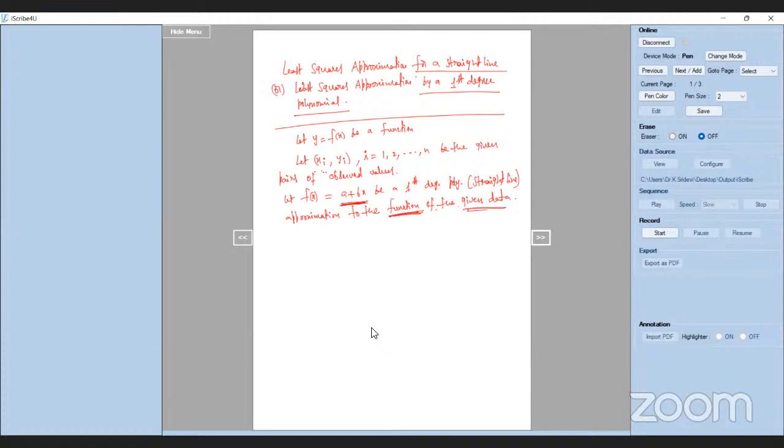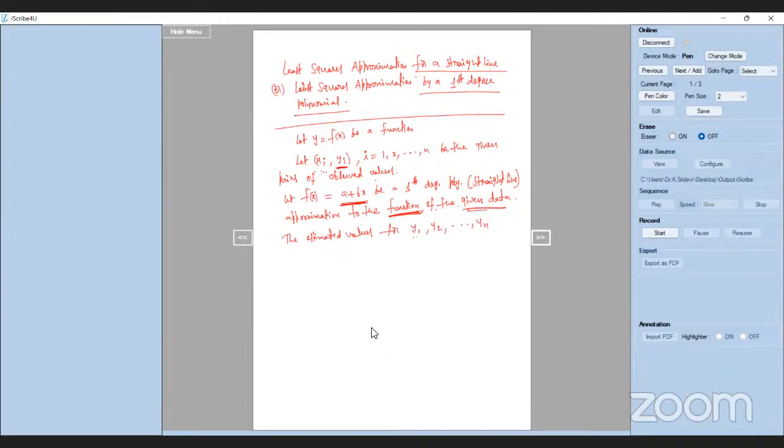Now, here we are talking about these values: yi values are observed values. And now the estimated values for y1, y2, and so on, yn. Here the values are y1, y2, and so on, yn.